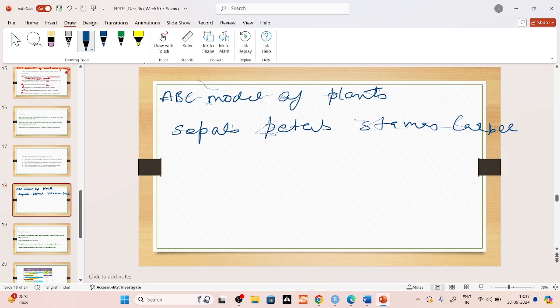Now, the size, shape, and number of each of these organ types can be different in different plants. That we know. The size can be different, the shape can be different. How elaborate these sepals, petals, stamens, carpels are can be different. But still, one thing remains the same, and that is the general organization of these four floral organs.